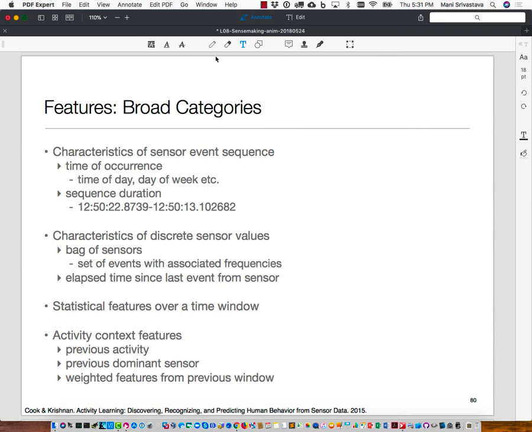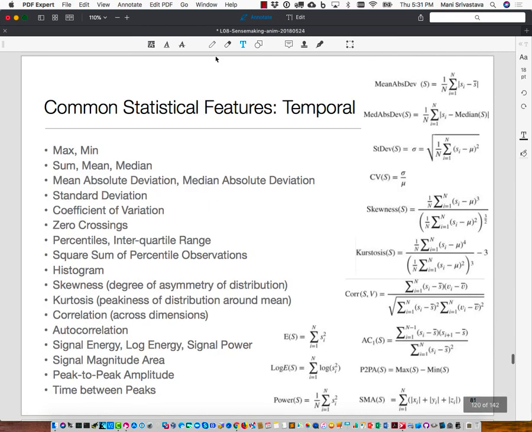Okay, so I have now taken these time windows and reduced them to various kinds of features, and I want to spend some time on what kind of statistical features get used, because most sensors on wearables are like that. There's a long list, by no means exhaustive, but some obvious ones: max, min, sum, mean, median, deviation-related stuff like the variance of the signal, zero crossings, various percentiles, histogram.